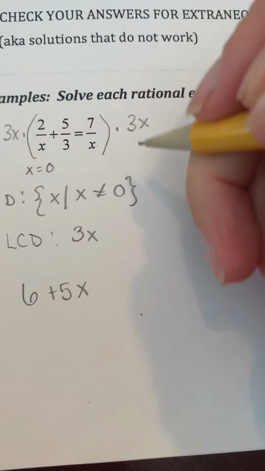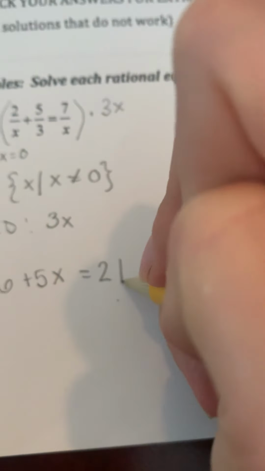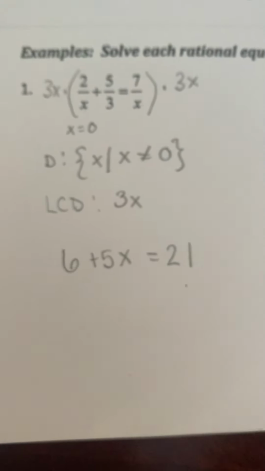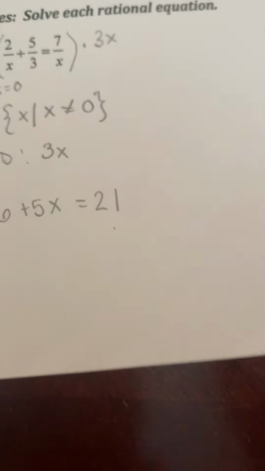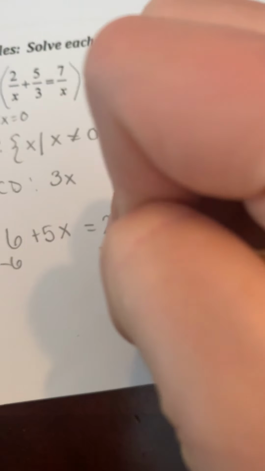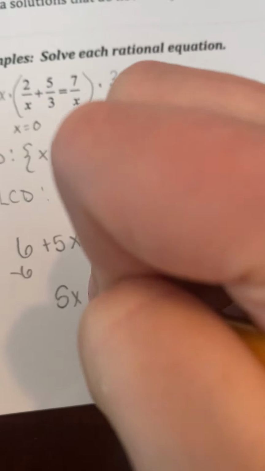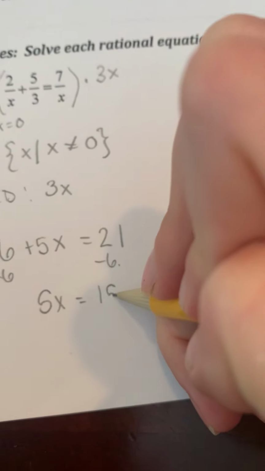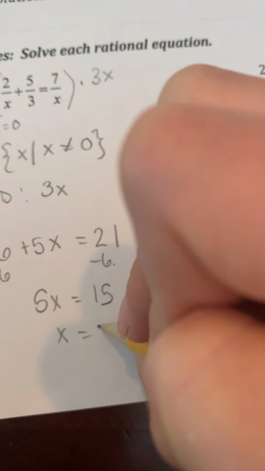And here, 3x times 7 over x, the x's will be canceled, so I'll be left with 21. Now we have a very nice linear equation just to solve. Isolate the variable, we'll subtract 6, 5x equals 15, and divide through, x will equal 3.